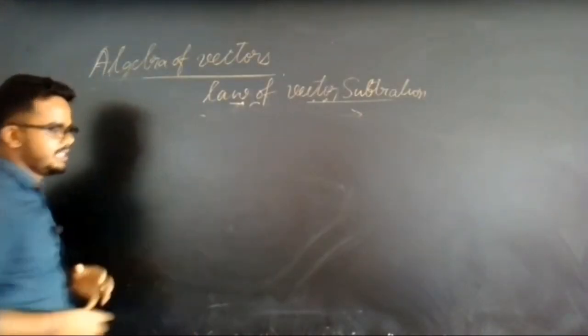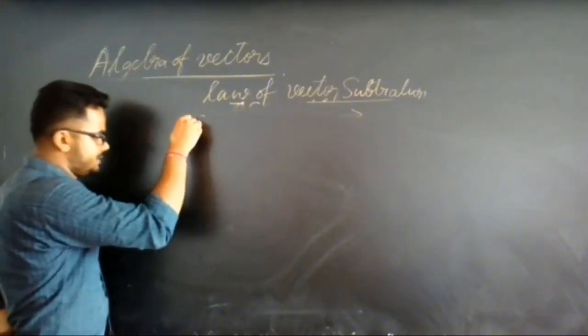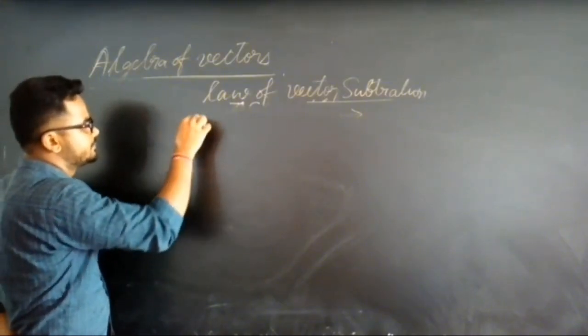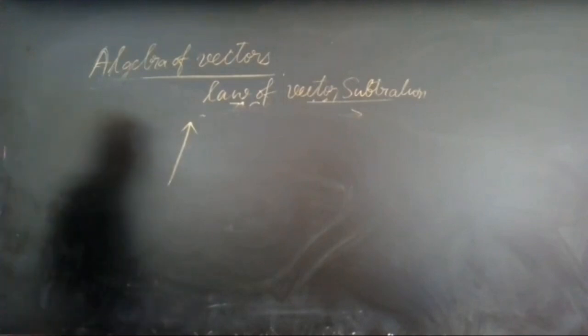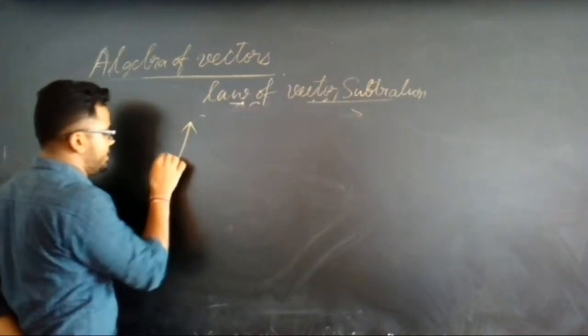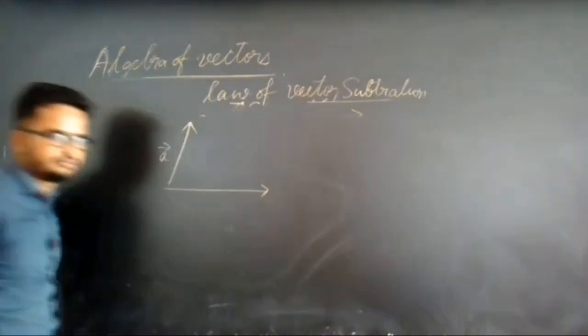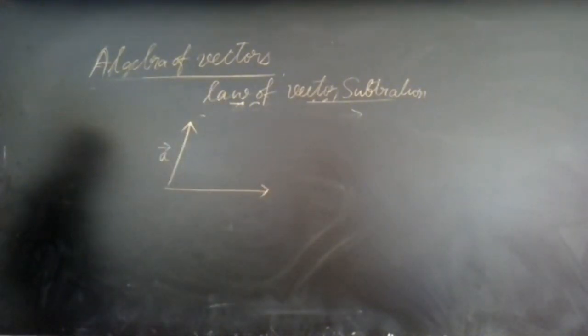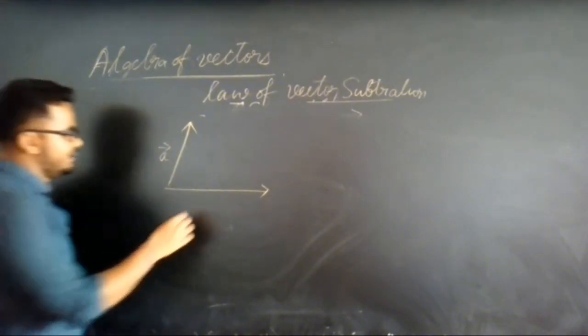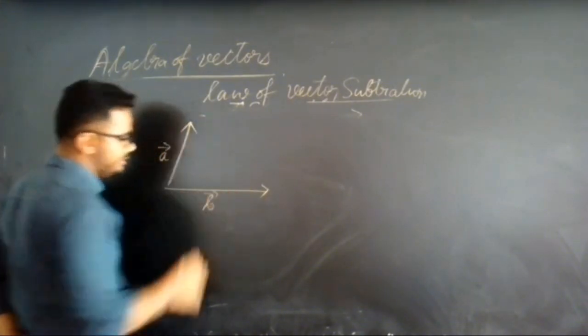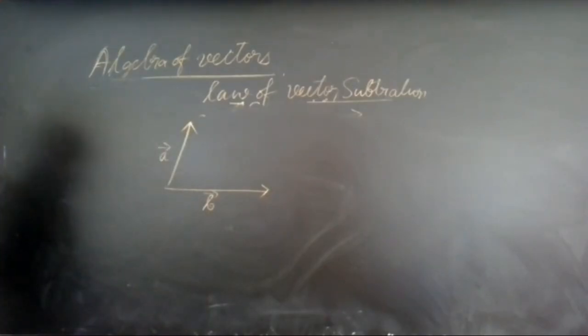We shall consider one figure. This is vector A, this is vector B. This is vector A and one more is vector B. Now we shall consider that vector A and vector B are the sides of a parallelogram.